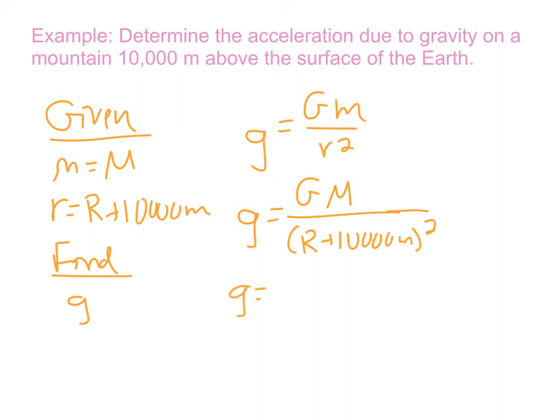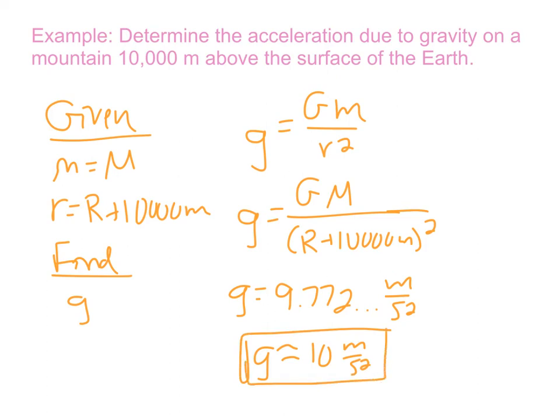So putting this into our calculators, we're just going to do GM. Again, if you store these, your life's a lot easier. GM divided by the radius of the Earth plus 10,000 meters, and this whole quantity needs to be squared. g equals 9.772, keeps on going, meters per second squared. So the acceleration due to gravity on a mountain 10,000 meters above the Earth, I only put one sig fig here, is approximately equal to 10 meters per second squared.